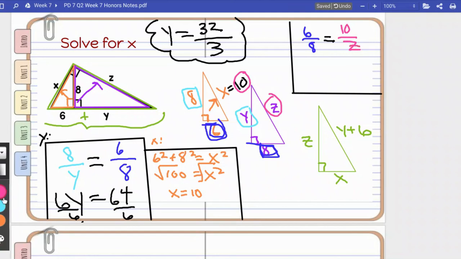I'm going to cross multiply and divide. I get 6z equals 80. Divide both sides by 6, and when you do this, you're going to get a funky answer. So we're just going to leave z as an improper fraction. We're going to reduce that fraction, and we get 40 over 3.